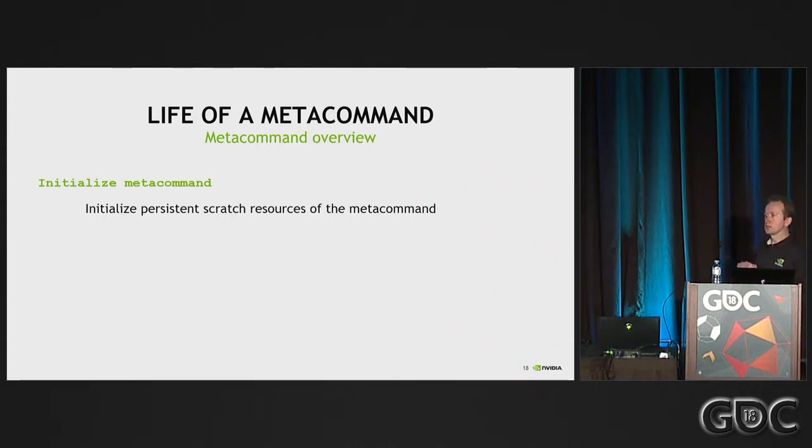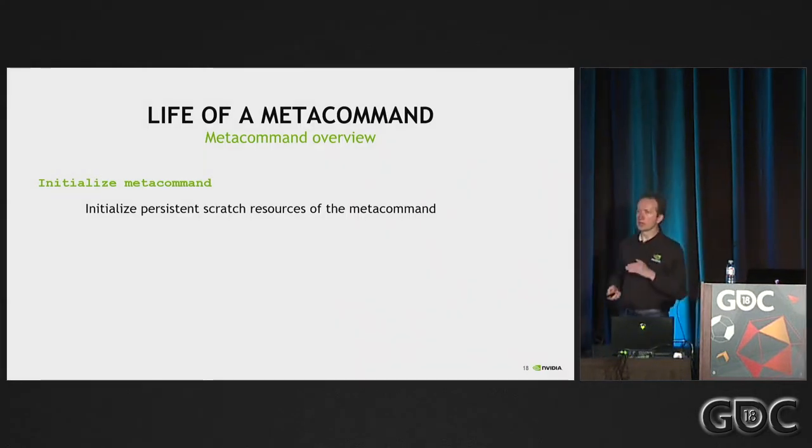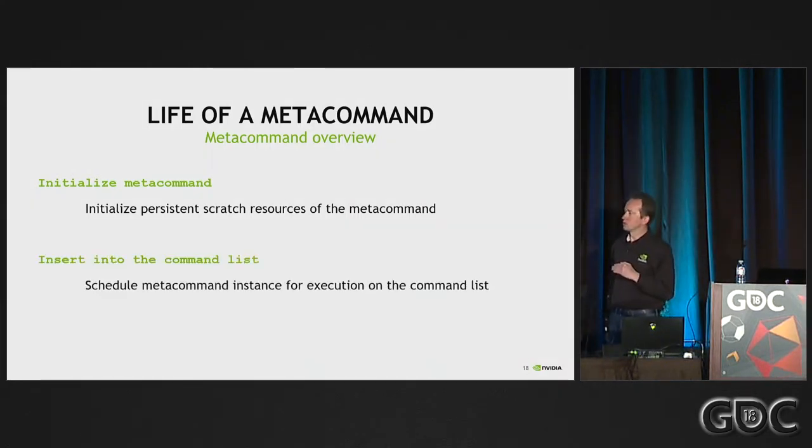There is an init call that needs to be issued, and at that point, the meta command object instance is ready to go, right? So it can be inserted into a command list, just like any other draw or dispatch call in D3D12, and that command list can be kicked off for execution, either on a synchronous queue or an asynchronous queue. So at that point, it's fully on par with the rest of DX12.